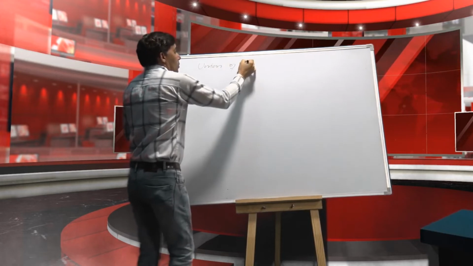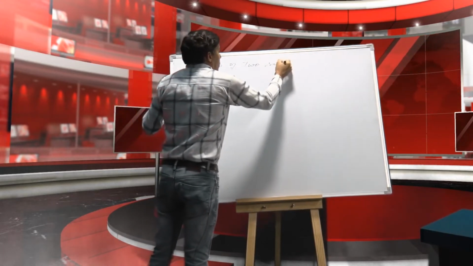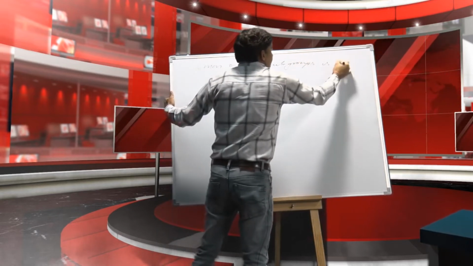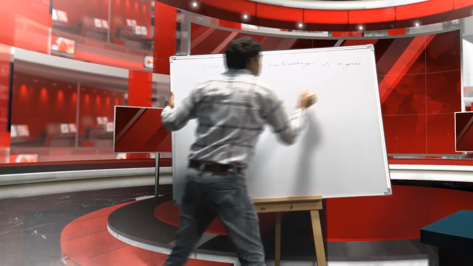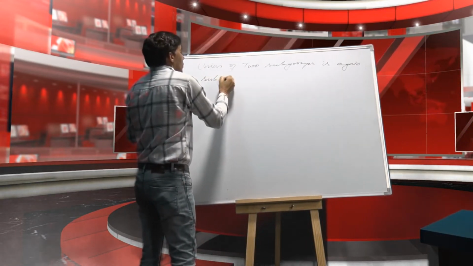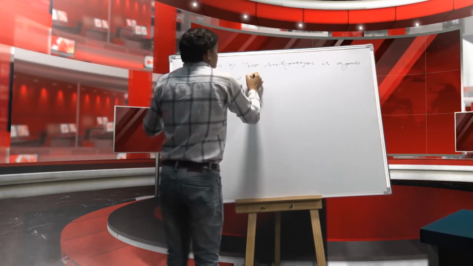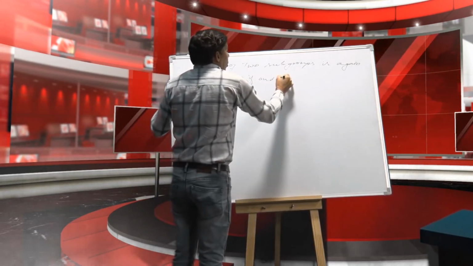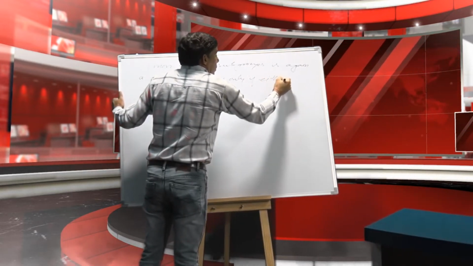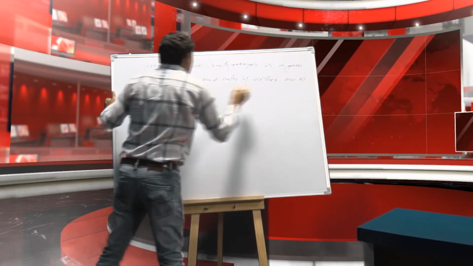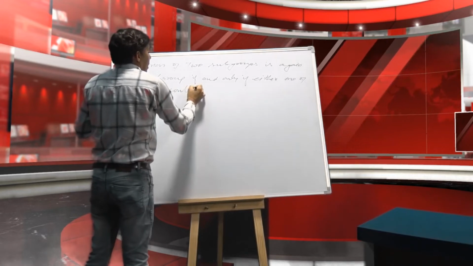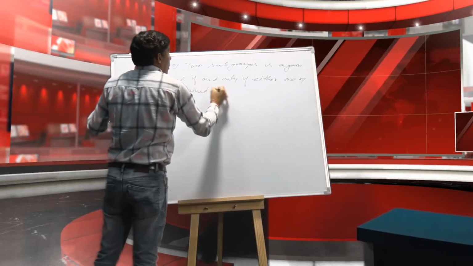The union of two subgroups is again a subgroup if and only if either one of them is contained in the other.